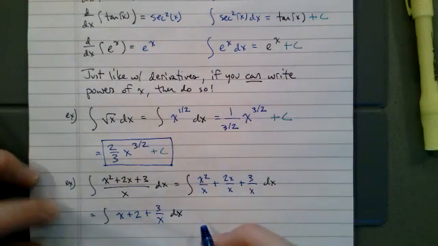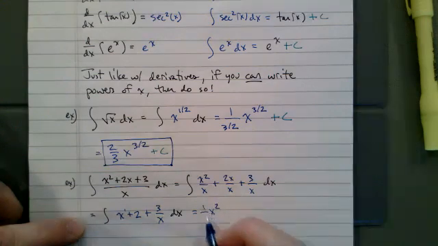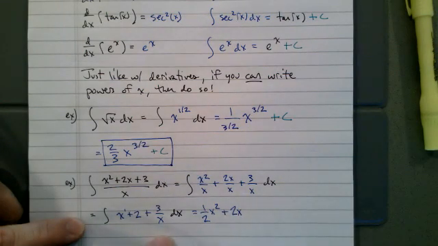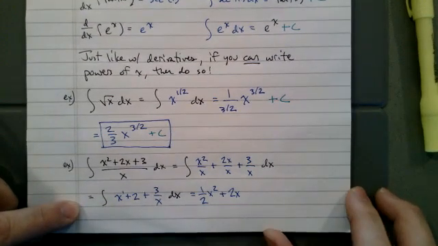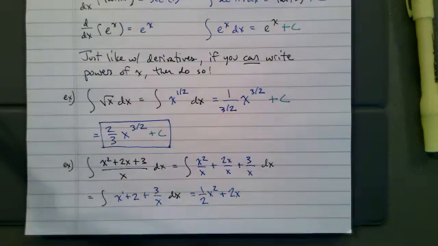And now we can integrate. The integral of x, we can add one to the exponent and divide by the new exponent. The integral of 2 is just 2x. And the integral of 3 over x, this one's tricky because I didn't write this one down. Anyone know this one? What function has a derivative of 3 over x?